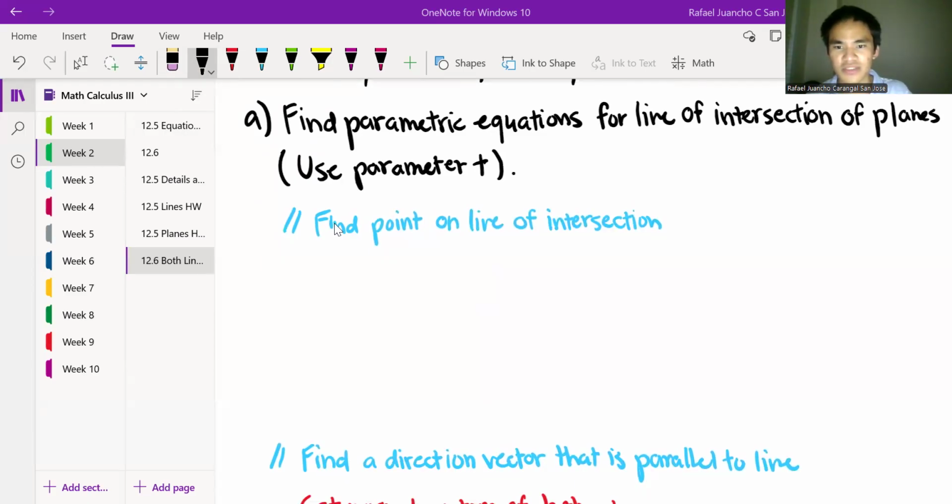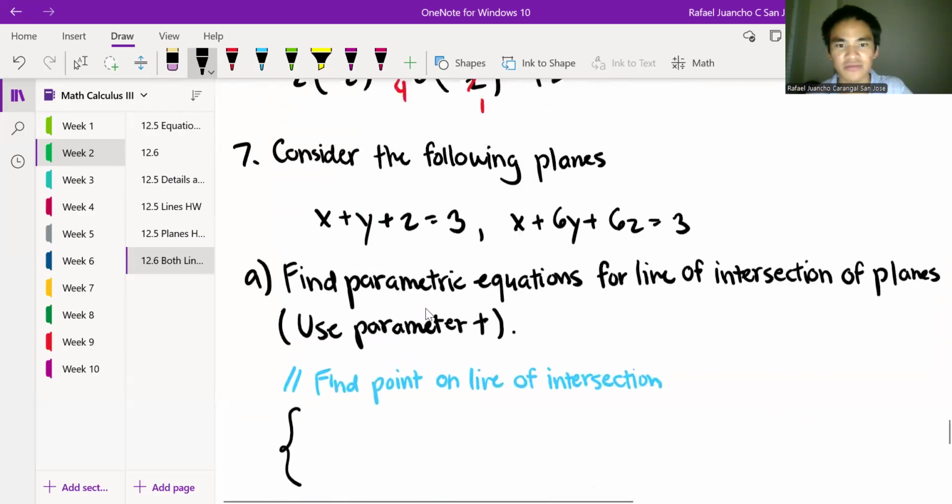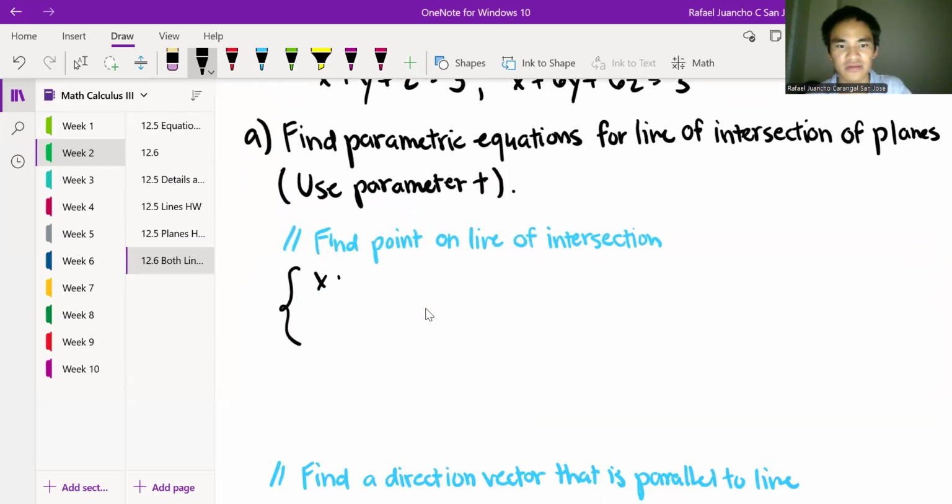Well, since we know this is 3, right? So we have this system here: x plus y plus z is 3, x plus 6y... I mean, at first glance, this looks already weird because of the 6 part, right?